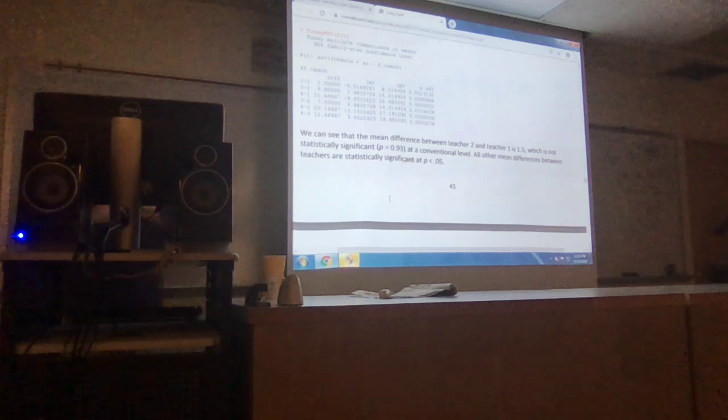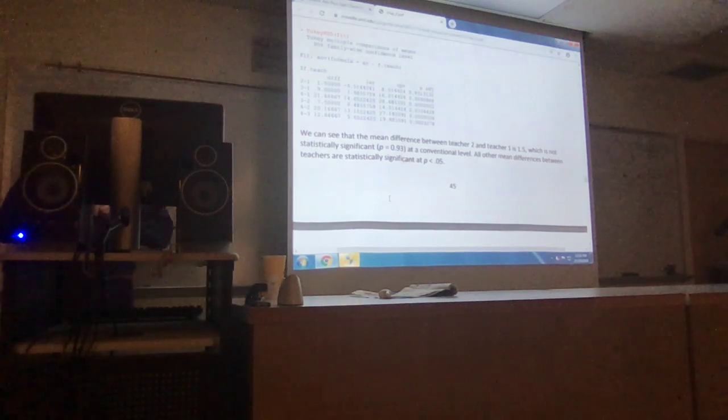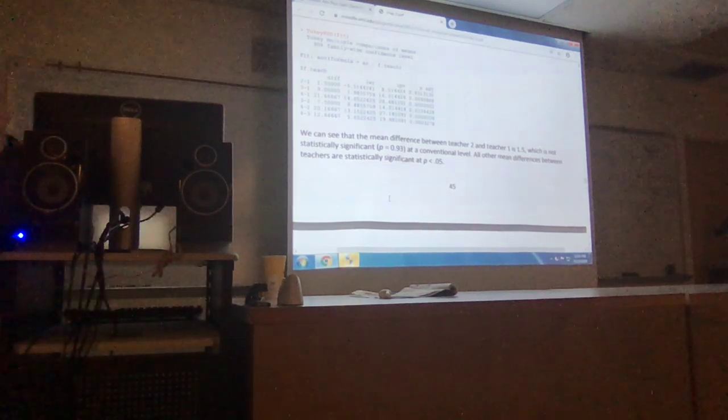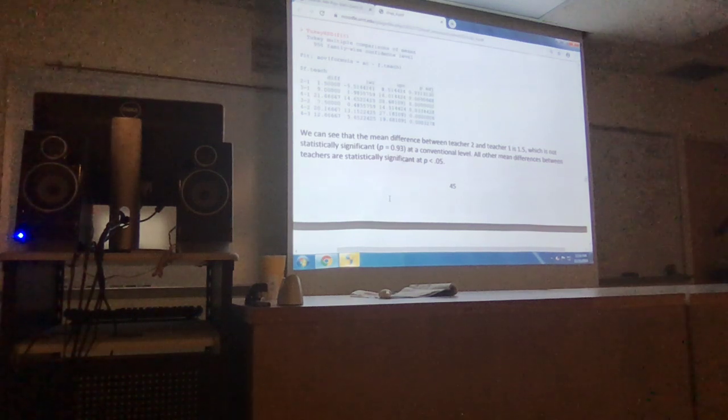Well, what would you expect to happen to those p-values? What would happen if I used a harder test, meaning I'm going to make it even more conservative? I want to make really sure that if I conclude there's a difference, there's actually a difference. What happens to those p-values? Do they go up or down?